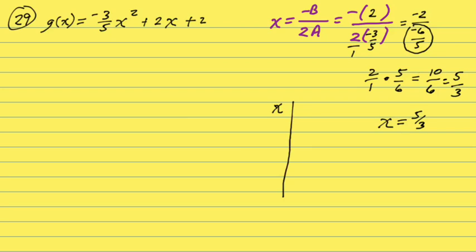Now this is where you're going to have a little challenge, because now you're going to have to plug in a fraction, 5/3. So bear with me as I set this up. I need to replace all of these x's with 5/3.